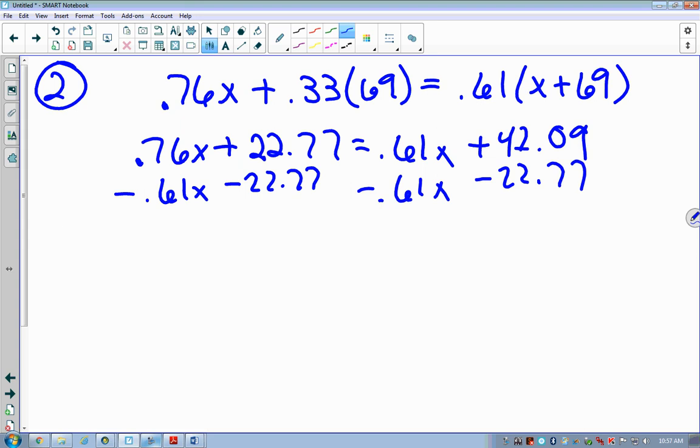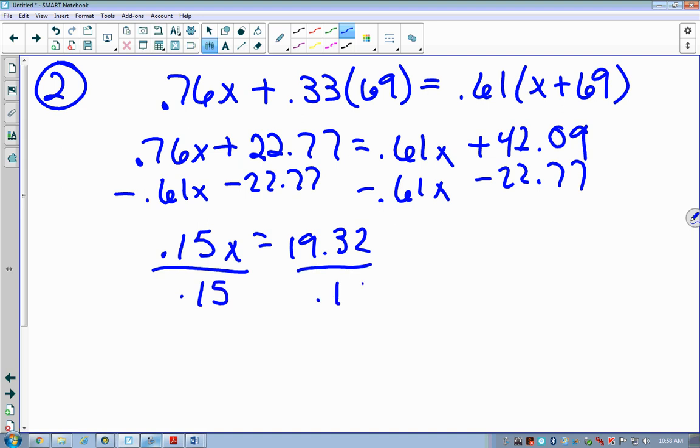Okay, so first off, what's 0.76 minus 0.61? 0.15x equals, and what's 42.09 minus 22.77? 19.32. What do I want to do to solve for x? Divide by 0.15 on both sides.